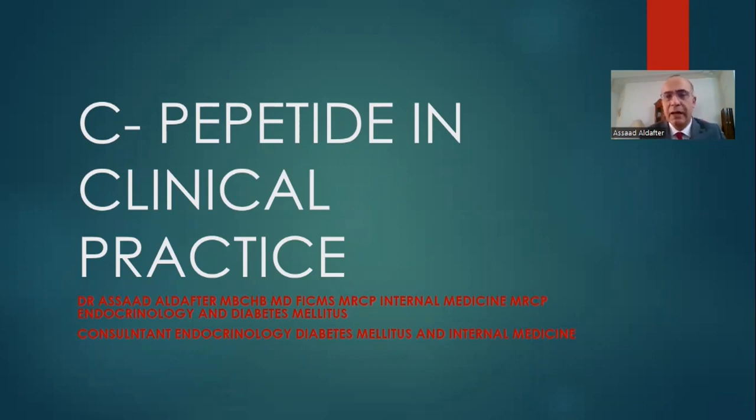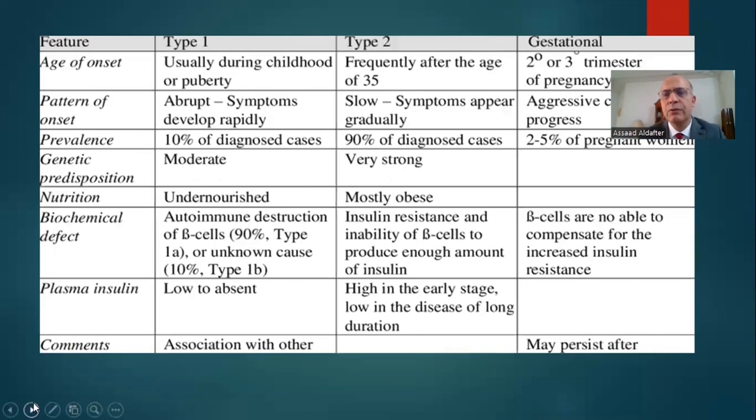C-peptide in clinical practice. We used to have the measurement of the blood sugar. So we have used to know type 2 diabetes and differentiate it from type 1, looking for the high blood sugar, age group, the prevalence, genetic predisposition, and nutrition.